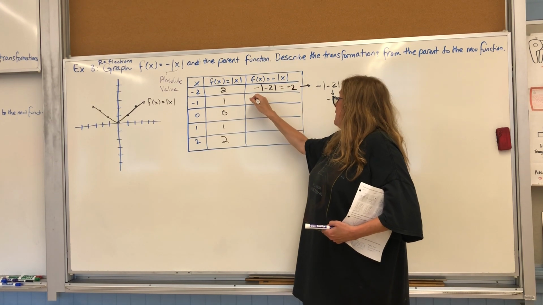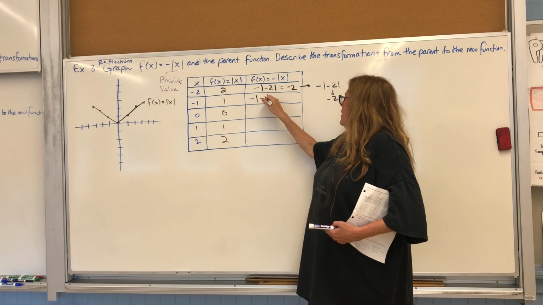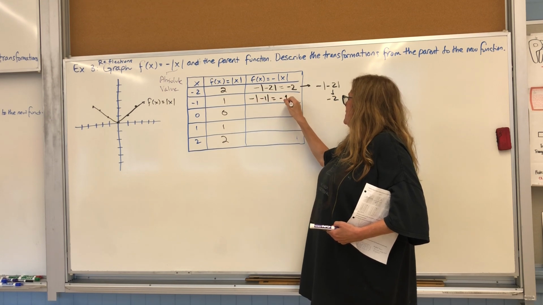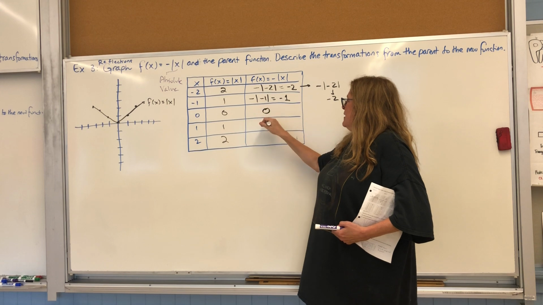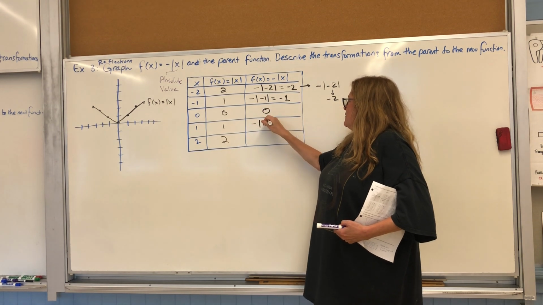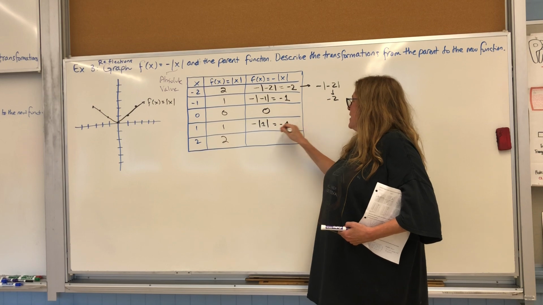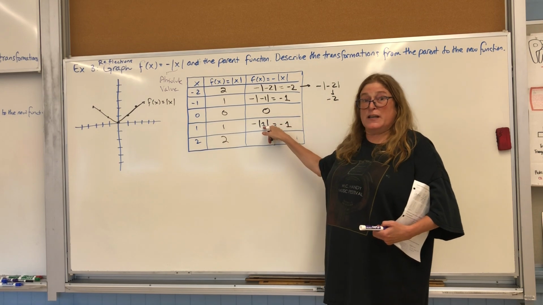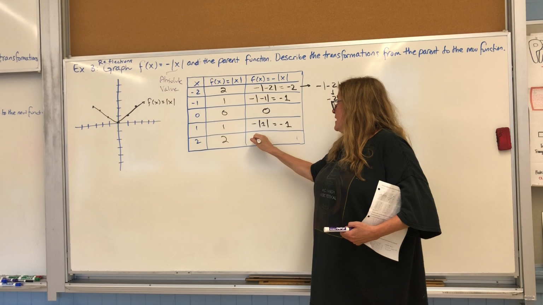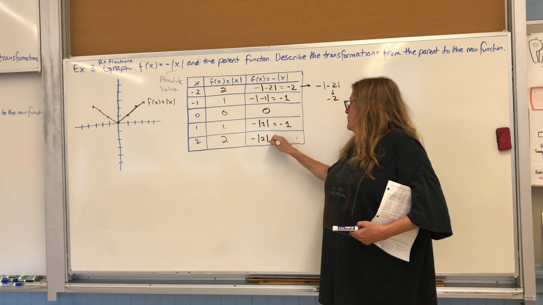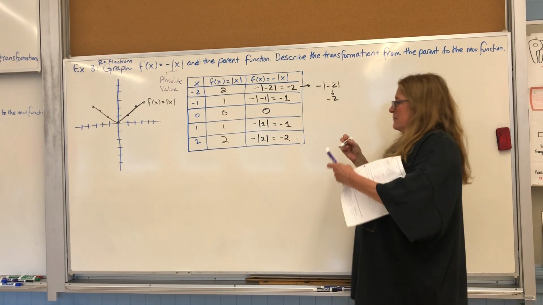Same again, negative absolute value of negative 1 is equal to negative 1. 0 is lucky. Negative absolute value of 1 is equal to negative 1, right? Because absolute value of 1 is 1, and then the negative's on the outside. And then negative absolute value of 2 is negative 2.